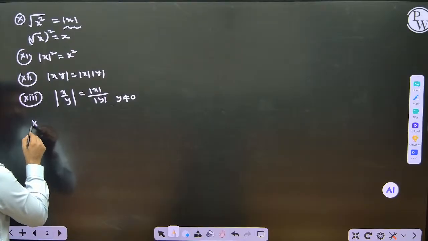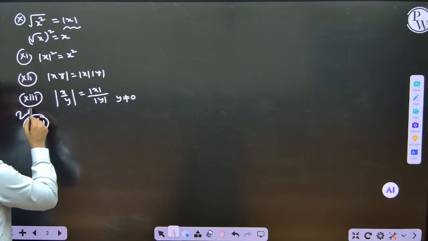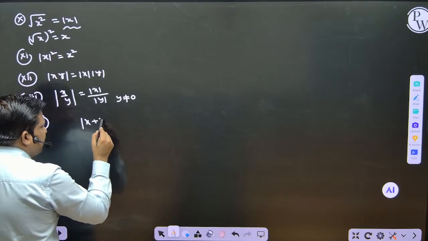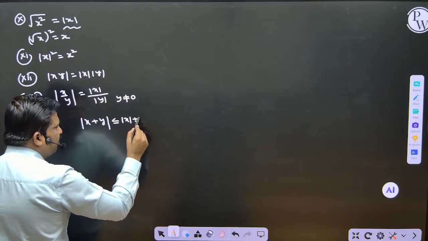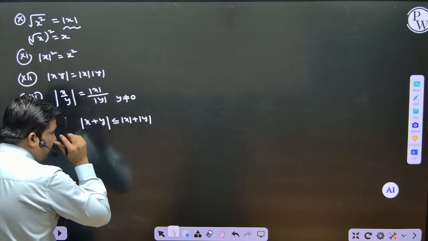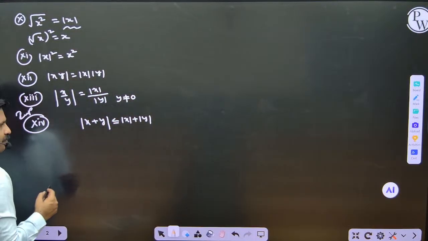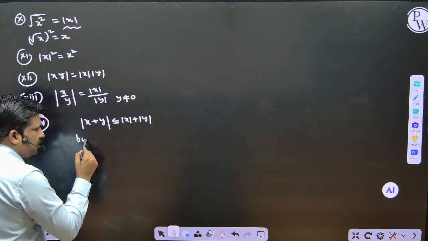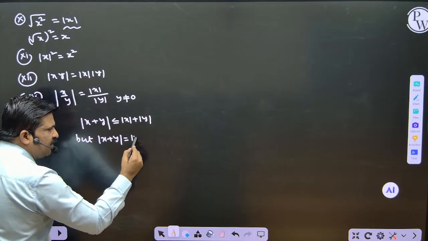Now the 14th one, an important formula. What is that? Modulus of x plus y is always less than or equal to mod x plus mod y. But mod x plus y is equal to what?